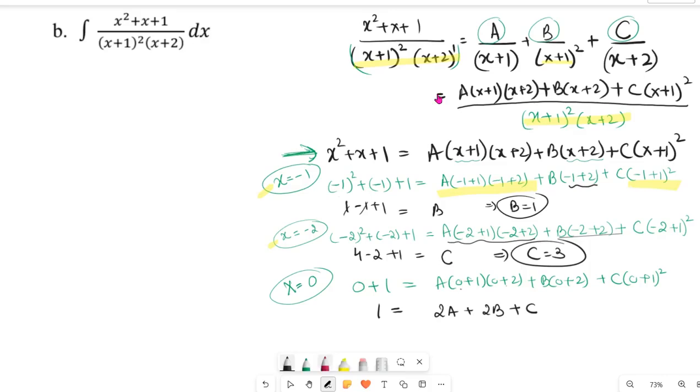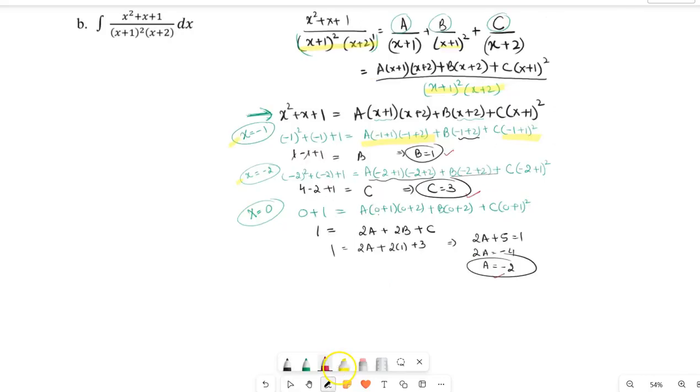We already know what b is and what c is, so we can put them here. 2a plus 2b, b is 1, so 2 times 1, plus 3 is equal to 1. That means 2a plus 5 is equal to 1. 2a is equal to -4. Subtracting 5 on both sides, a is equal to -2.